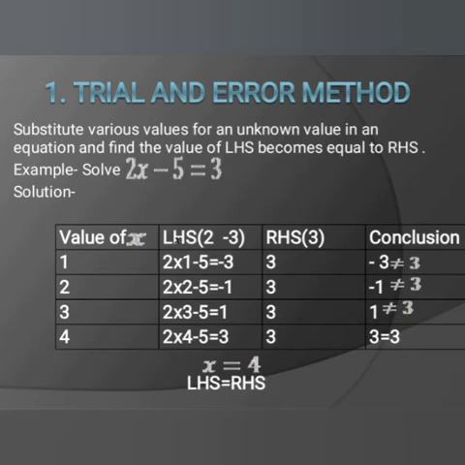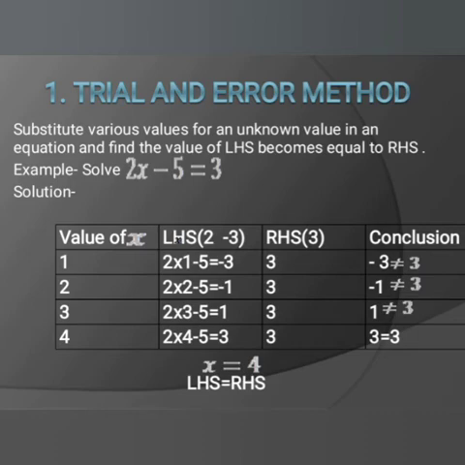And 3 is equal to 3. So the value 4 is valid. So we find that for x is equal to 4, LHS is equal to RHS. So x is equal to 4 is the solution of the equation. In this way we are going to use the trial and error method for the following questions.